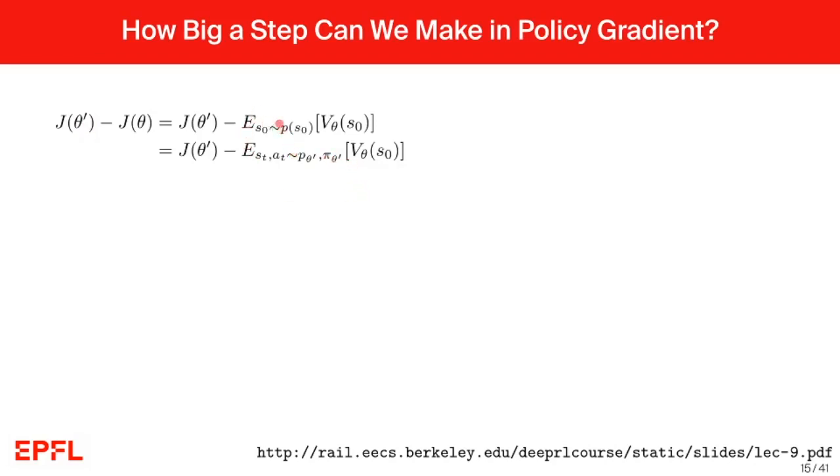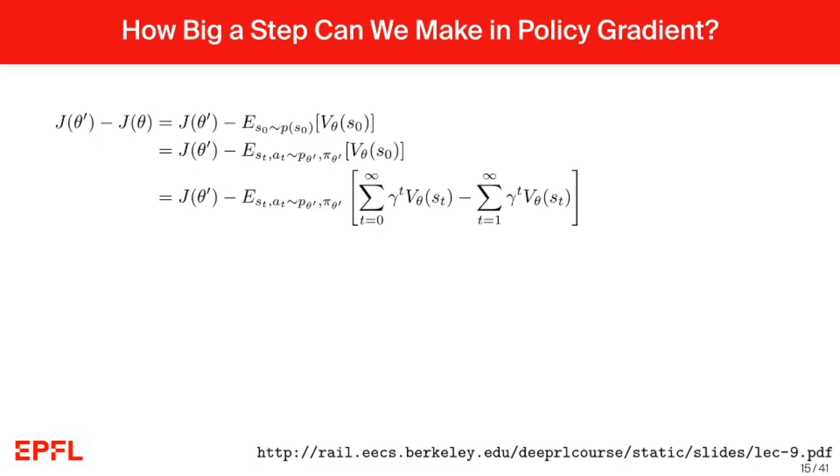From here to here nothing happens, because the argument of this expectation still only depends on state S0, and state S0 does not depend on the old policy, on the old parameter vector, nor does it depend on the new parameter vector theta prime.